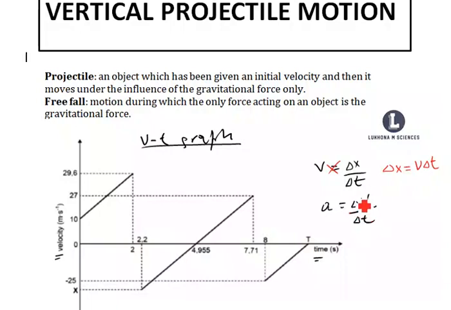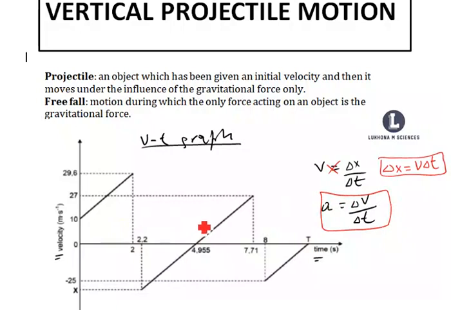This one is correct because v and t are in one place. V is divided by t here, v is multiplied by delta t. So this is the formula that we are going to use in this graph.